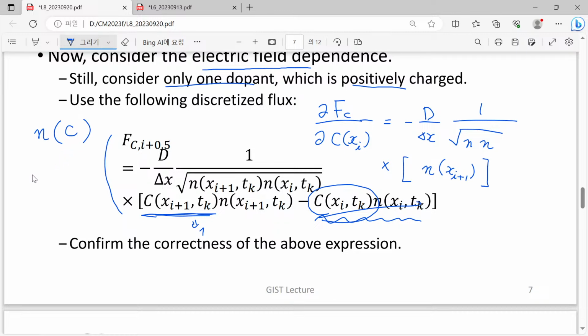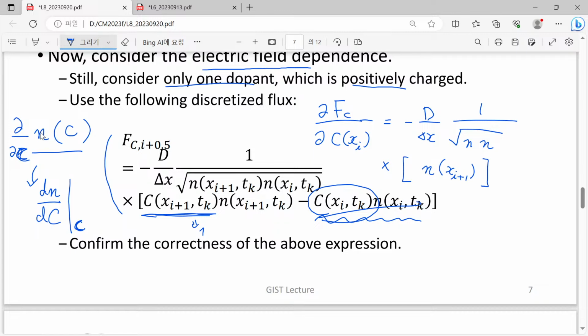So you must consider something like this. Even when you have this n, when you take the partial derivative with respect to your c value, you must say dn over dc evaluated at c should be placed in this part.